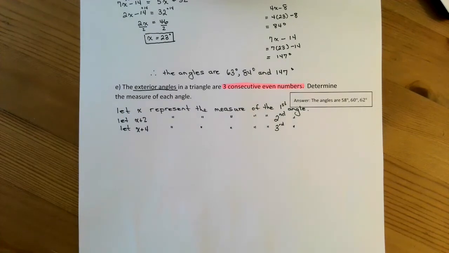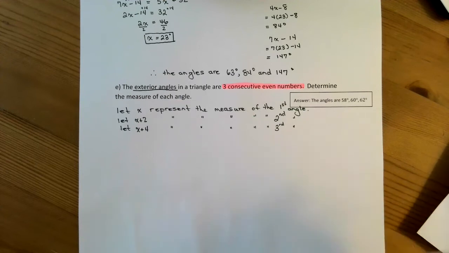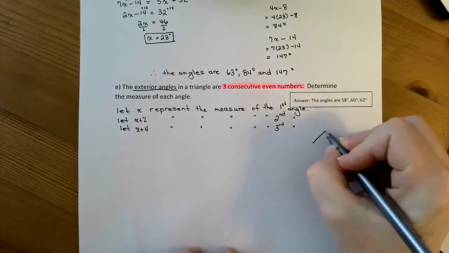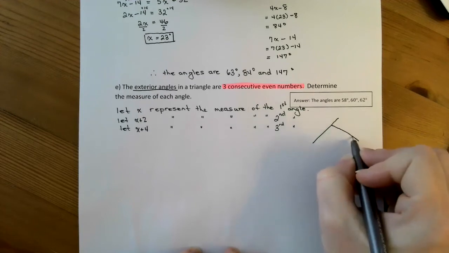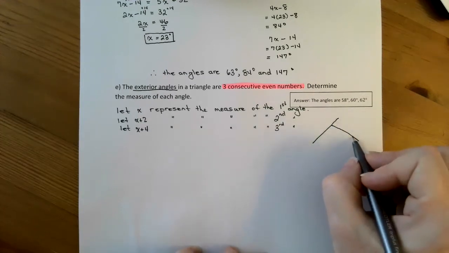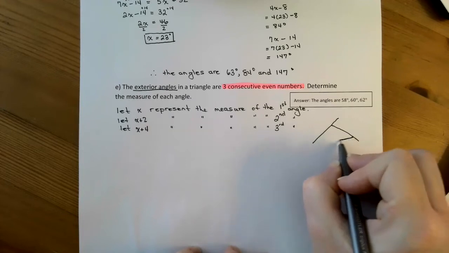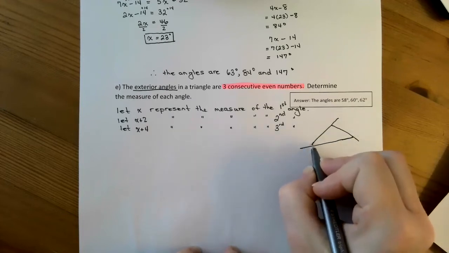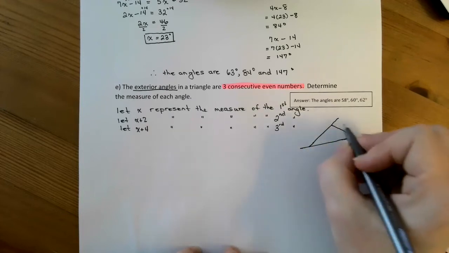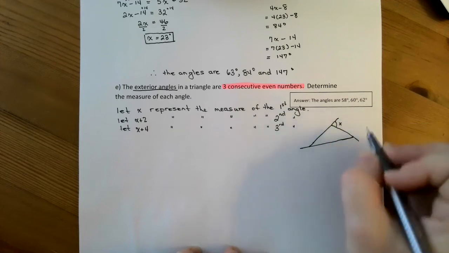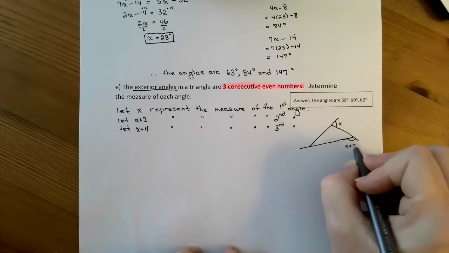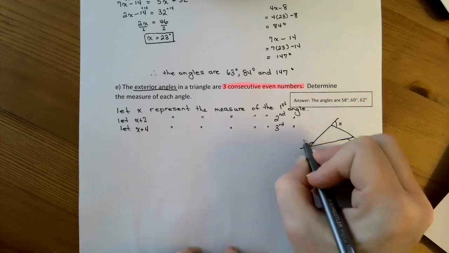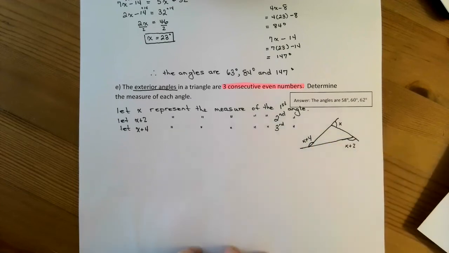I'm going to quickly draw that triangle over here. So this is going to be x, this one would be x plus 2, and this one would be x plus 4.